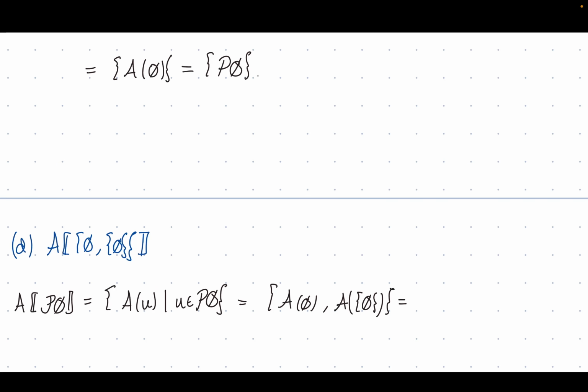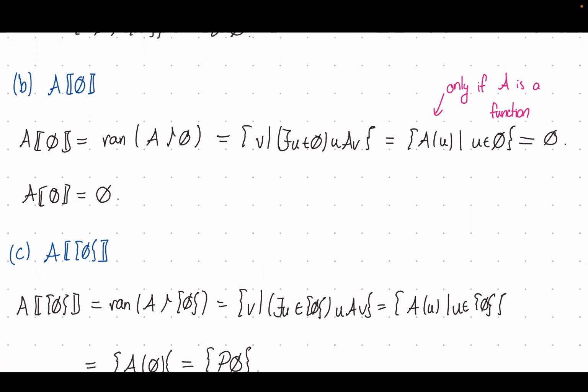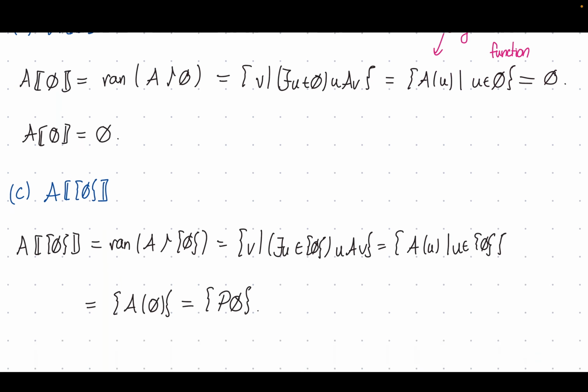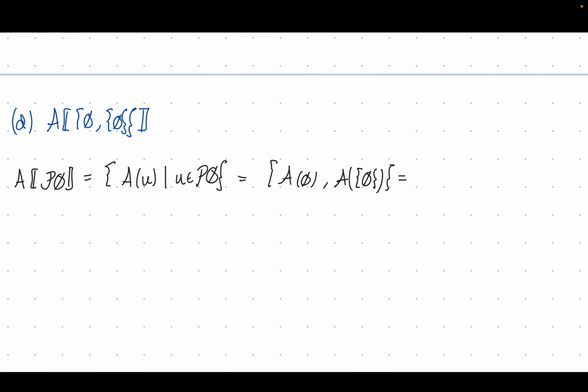And now this is going to be equal to A of the empty set is going to be the power set of the empty set, and A of the set containing the empty set is going to be the empty set. So it's going to be equal to power set of the empty set, comma, empty set. And there you go. That is the image.